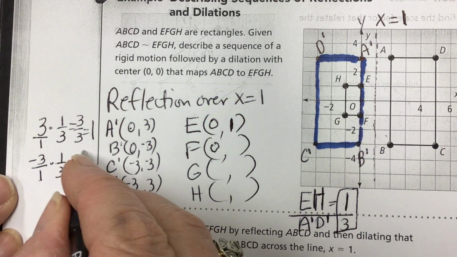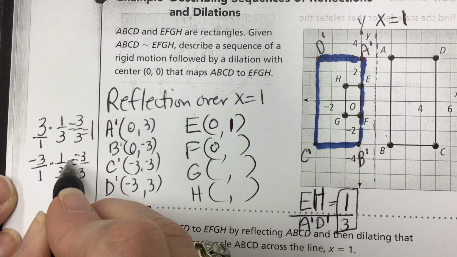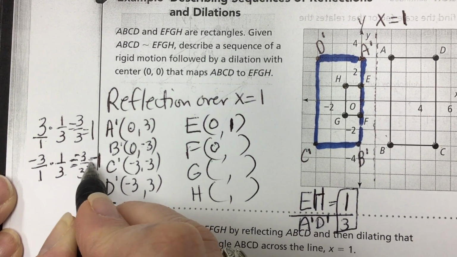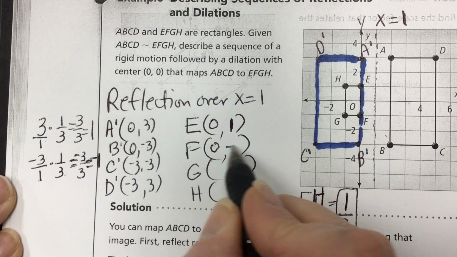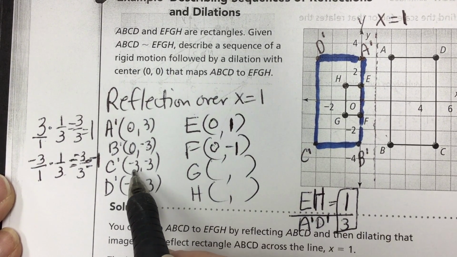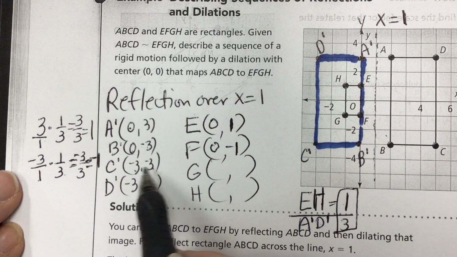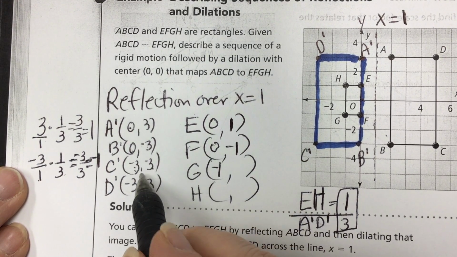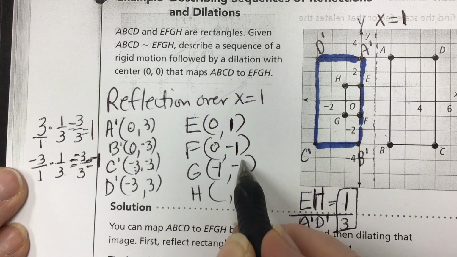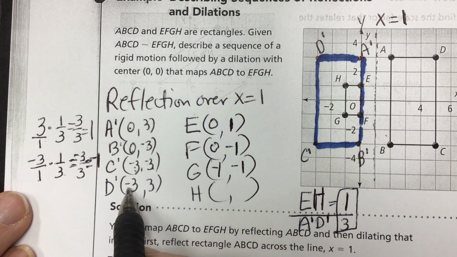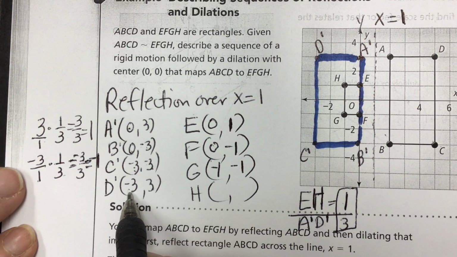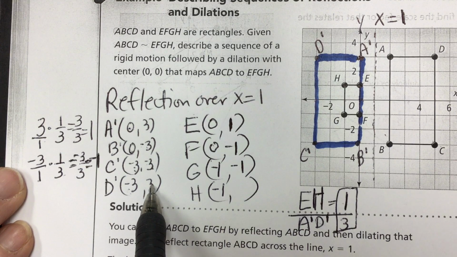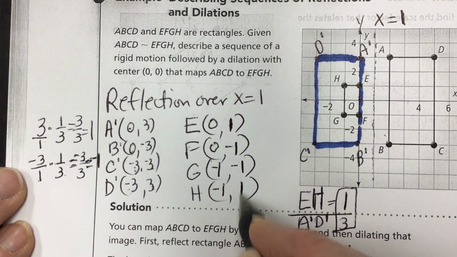Negative 3 times 1 is negative 3, 1 times 3 is 3, and negative 3 divided by 3 is negative 1. Negative 3 times 1/3 would be negative 1. Negative 3 times 1/3 is negative 1. And positive 3 times 1/3 would be positive 1.